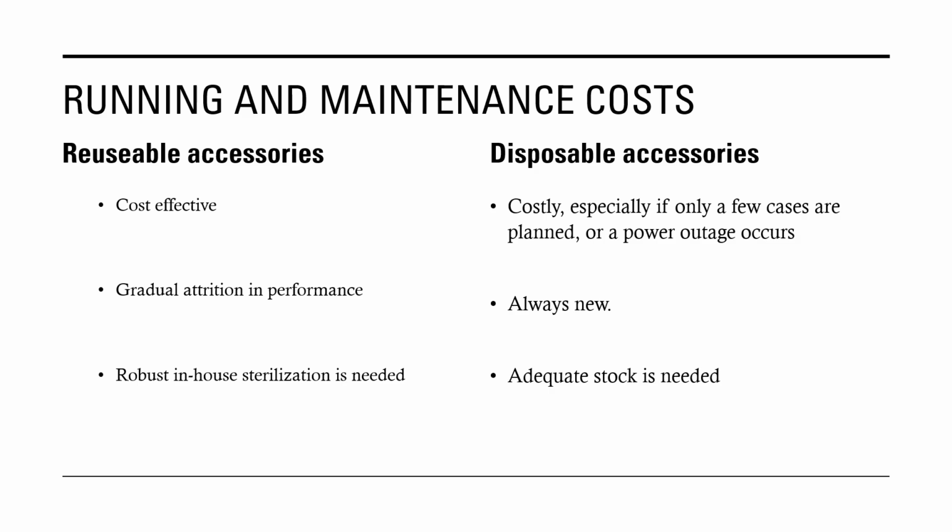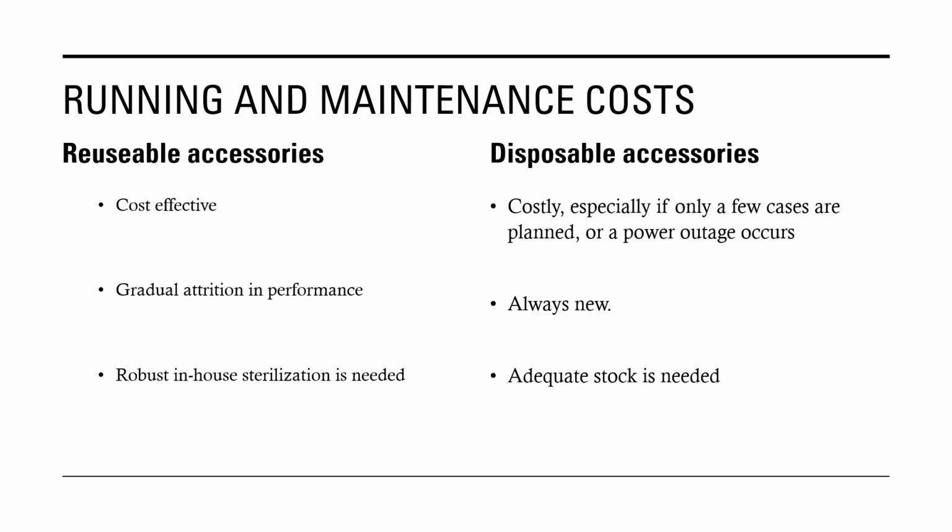The reusable accessories will always have some life, so there will be a gradual attrition in performance. On the other hand, the disposable accessories are fresh and new every day, so the behavior or the performance of the machine would be just like a new machine.